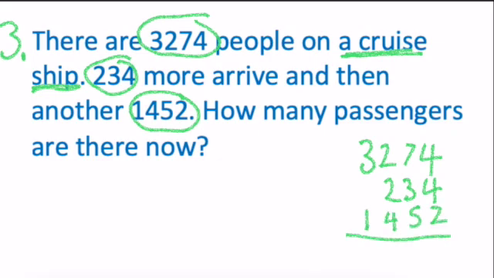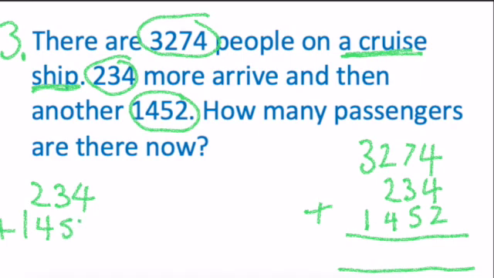And you might just add them like that, okay? Some people don't like to do that because there's a lot of numbers to hold in their head. Alternatively, you could do 234 add 1,452, and then you could add that to 3,274. Okay? So it's completely your choice.